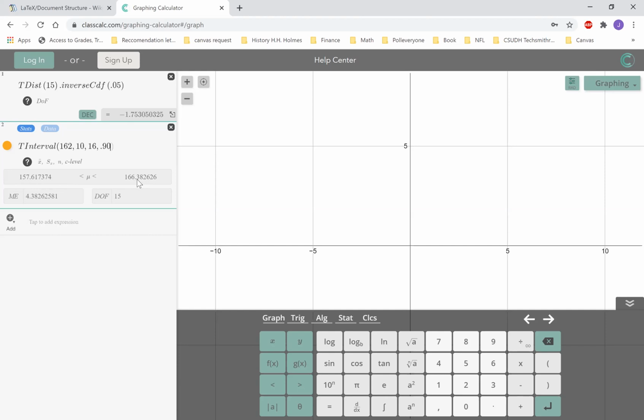If you get the 8 and round up this 3 to a 4, that's exactly what we got by doing it by hand. So this is validating that our answer is correct. So you should always do this. If you're doing it by hand, double check your answer by using class calc.